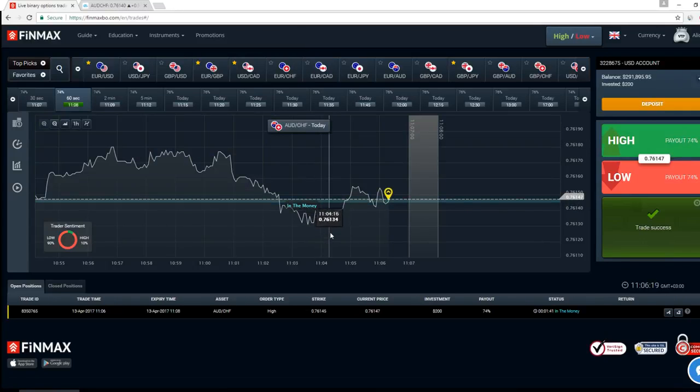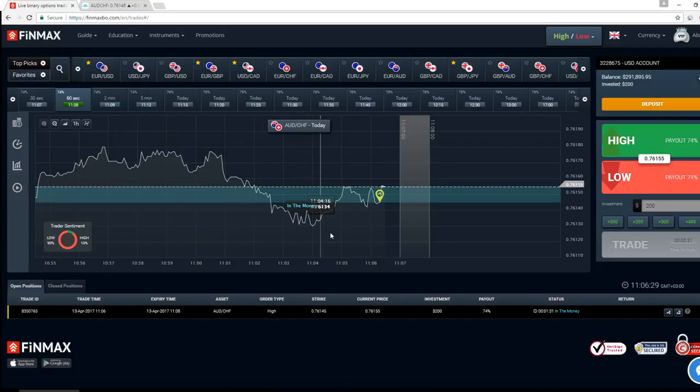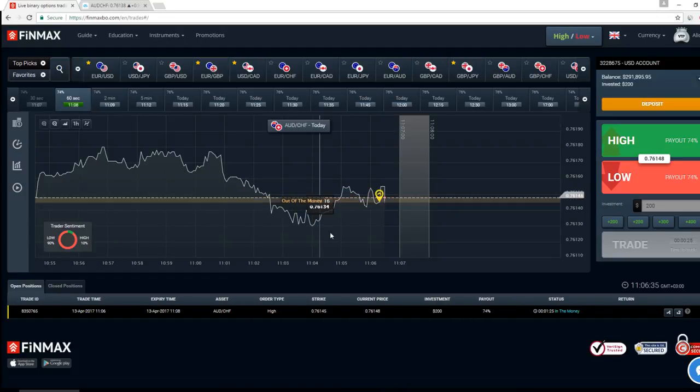That's good. And as usual, I'm planning to write down the trades that I have opened, in order for me to control everything and to understand where we are going. So that's Australian dollar to Swiss franc. That's the first trade for 1 minute for high.